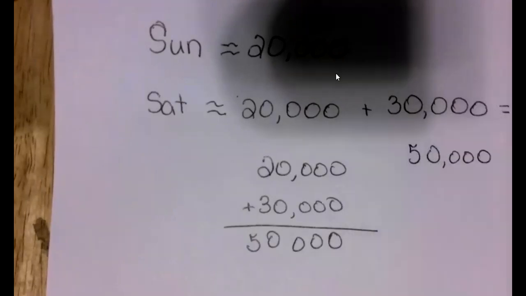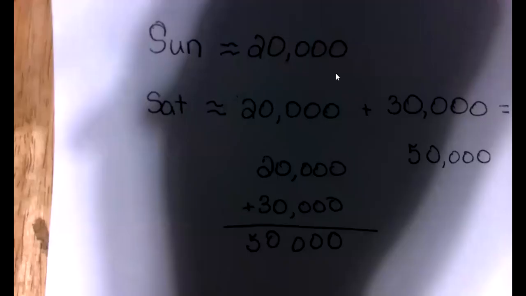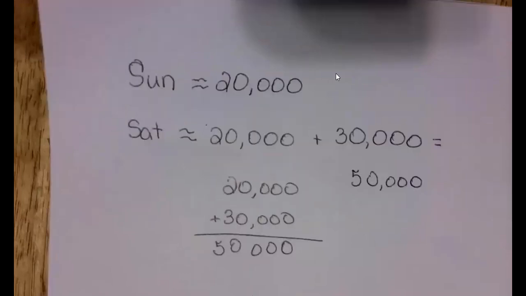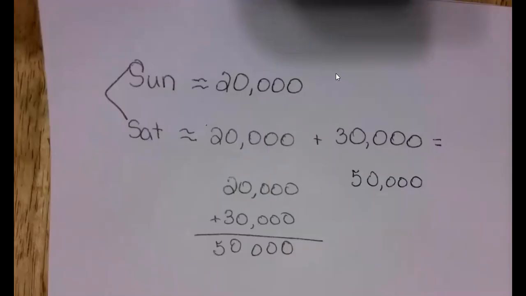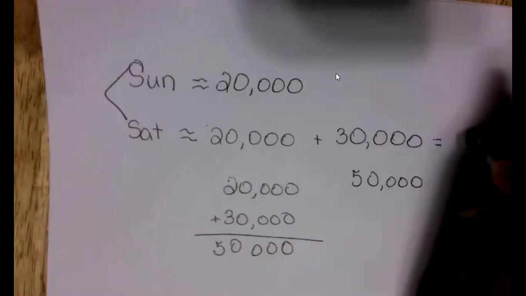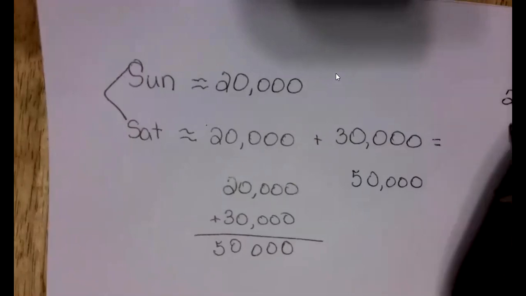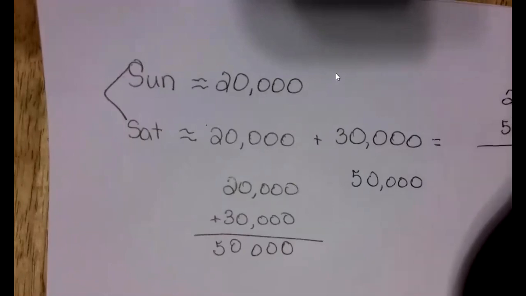But my question is asking me, can you see it? Yeah, it was kind of shaded. But my question is asking me, how many did I sell the weekend? And the weekend consists of Saturday and Sunday. So I need to add my 20,000 from Sunday plus my 50,000 from Saturday. And again, I start in what place value?